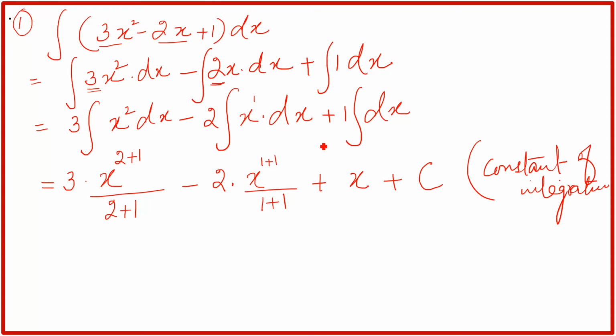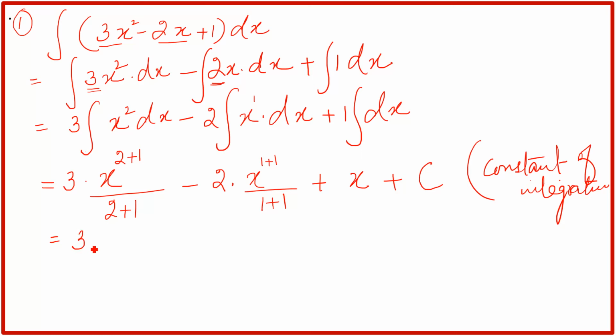And how do you remove this integral sign? Whatever variable you have and whatever exponent, just add 1, right? Suppose it is 3, you add 3 plus 1. If the exponent is 4, you write down 4 plus 1 in the numerator, and the same 4 plus 1 in the denominator. And in this step you have to add plus C, the constant of integration.